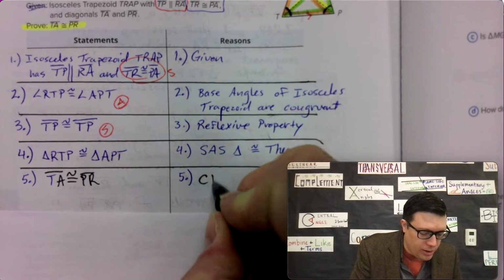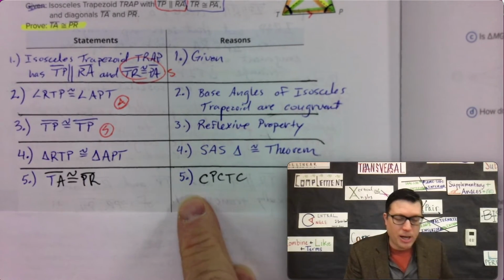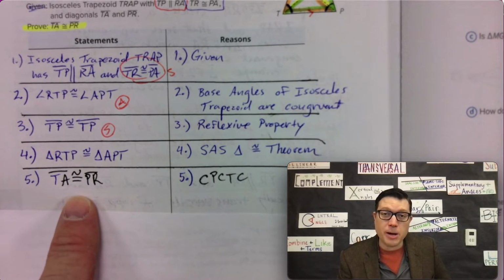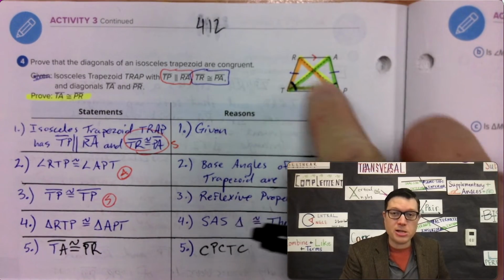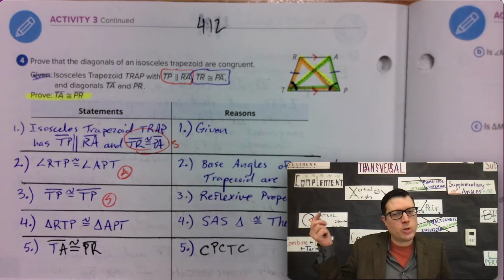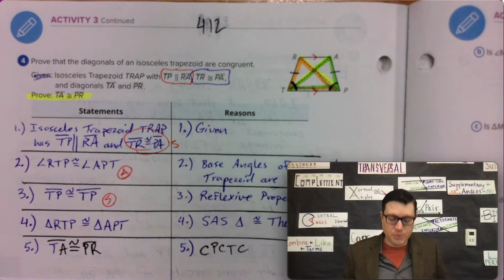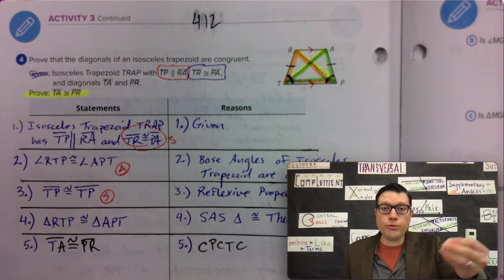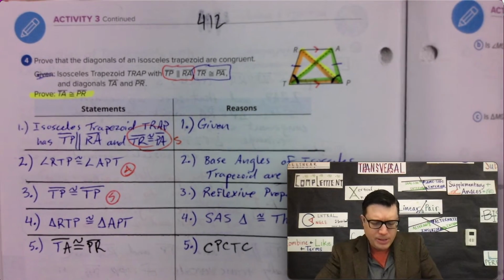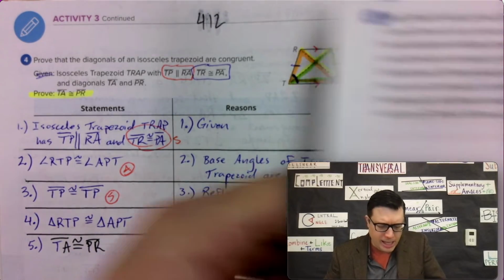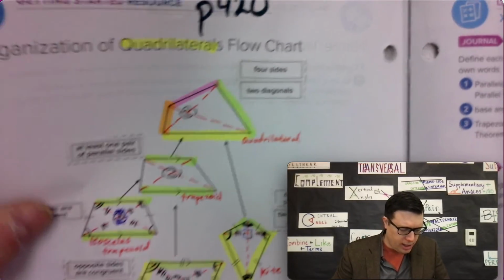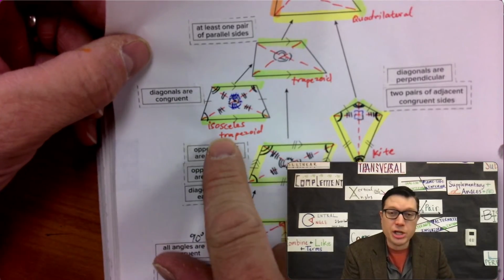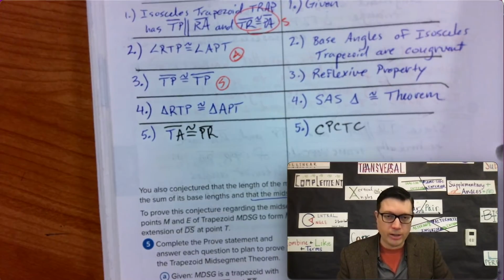And the only one that can follow is corresponding parts of congruent triangles are congruent. These are corresponding parts. They're parts of congruent triangles. So if the triangles are congruent, those parts must be congruent. And there you have it. That is how we can prove from this point on that a statement that we put together on page 420, the diagonals of an isosceles trapezoid are actually congruent. Here's our proof of it.